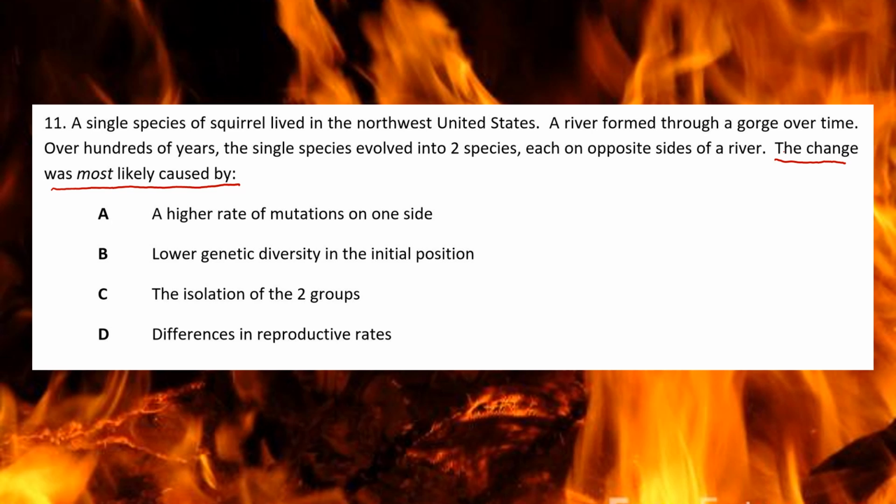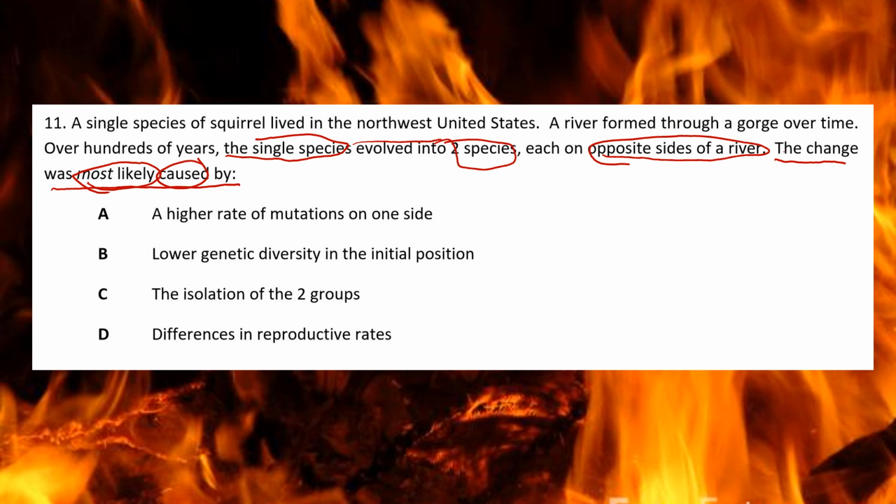So it looks like the change that it's talking about is that the single species evolved into two species on opposite sides of the river. And then our question: what most likely caused one species to become two species?